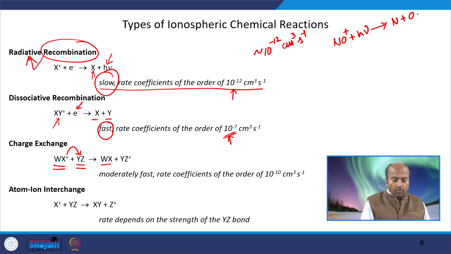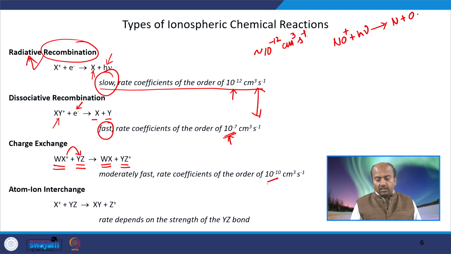So, WX now becomes neutral, YZ becomes positively charged. So, this is moderately fast. This is something lying exactly in between these two, radiative recombination and dissociative recombination. It is moderately fast. Rate coefficients are of the order of 10 to the power of minus 10 centimeter cube per second. So, these numbers are the ones that you have to remember.